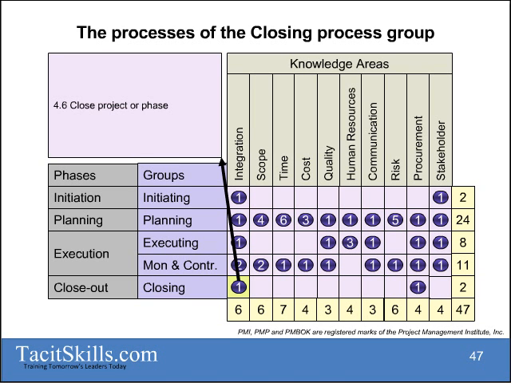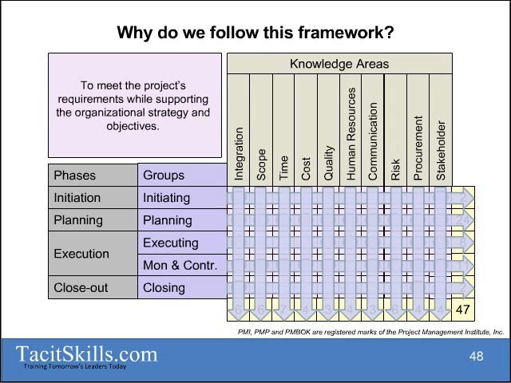So why do we follow all of this framework? We do that because we want to meet our project's requirements, but we also want to do that while we are supporting the organizational strategy and the objectives of our company. So this is a very quick and a very high level summary of all the 47 processes that we find a lot more information about in our PMBOK guide.